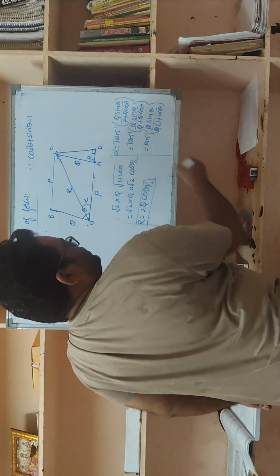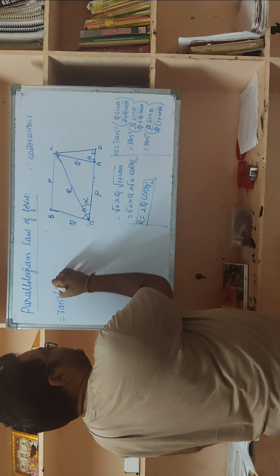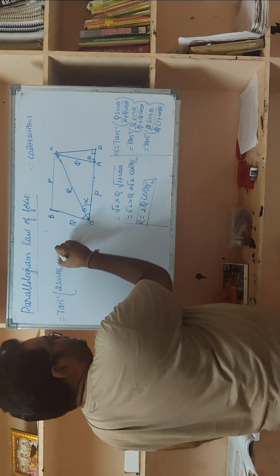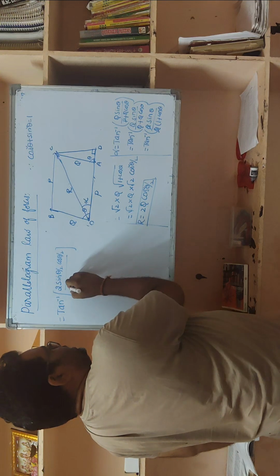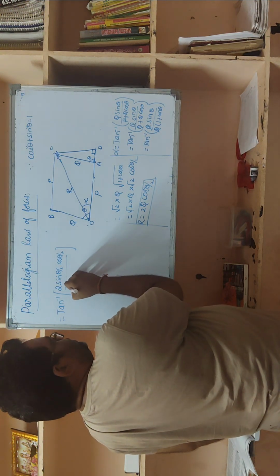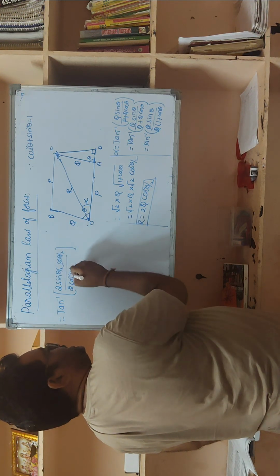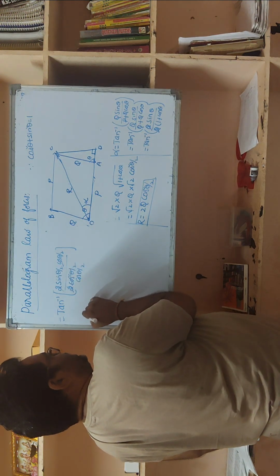Here Q cancels. Now sin theta we can write as 2 sin theta by 2 cos theta by 2, and 1 plus cos theta we can write as 2 cos square theta by 2. Cos theta by 2 cancels, and 2 cancels.